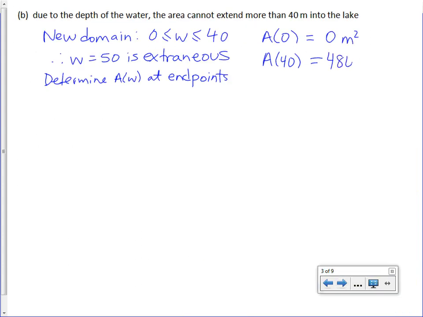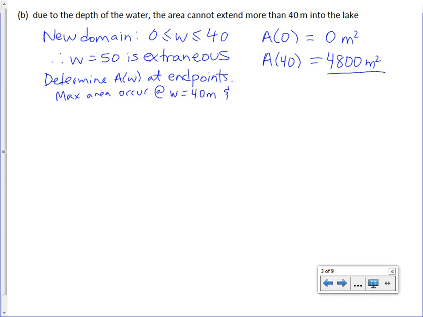So of the two endpoints, obviously that's bigger than 0. So the max area will occur at W equals 40 meters.